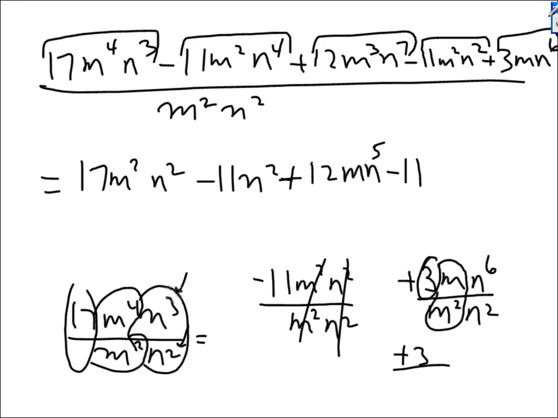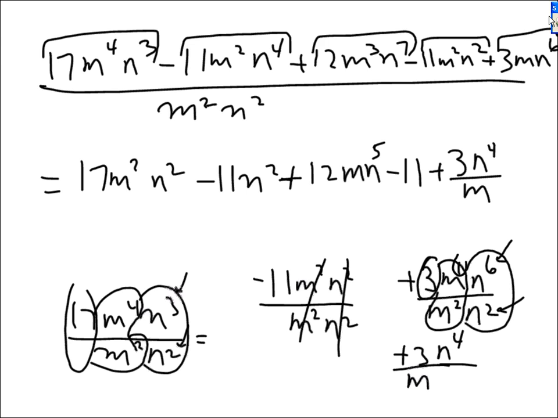You have 1 more in the bottom. The larger number, the bottom power minus the top power. 2 minus 1 is 1. So you get m to the 1, or just m in the bottom. And since there's more n's on the top, n goes on the top, and you do the top power minus the bottom power, and you get 4. So it's plus 3 n to the 4 over m.